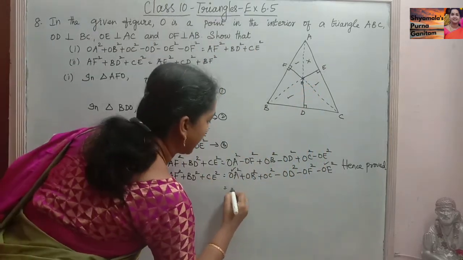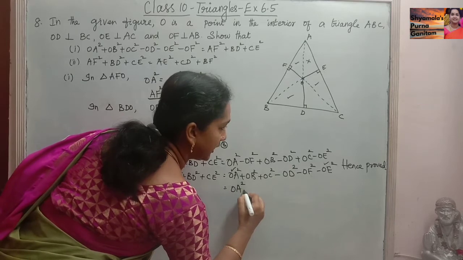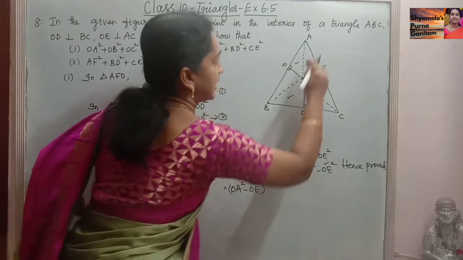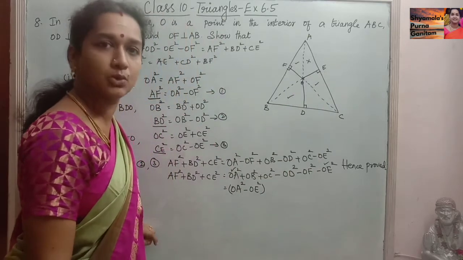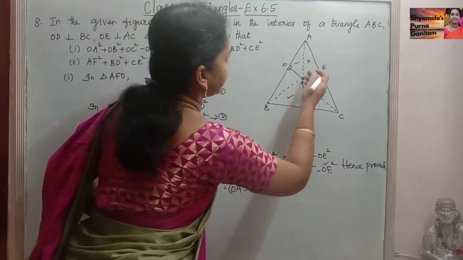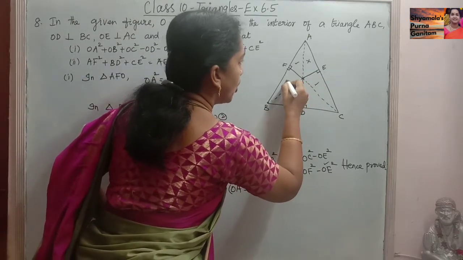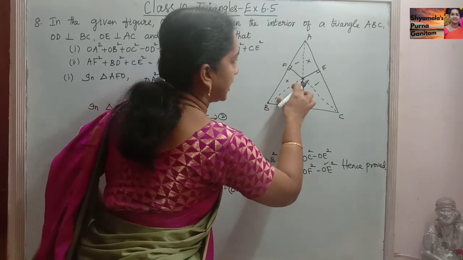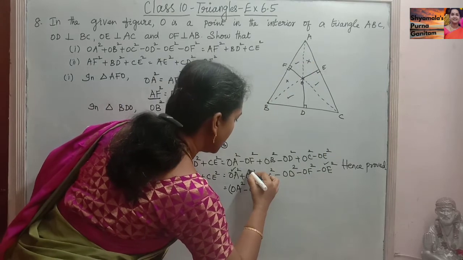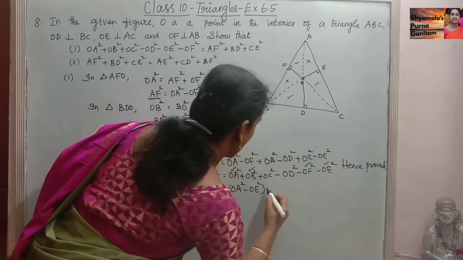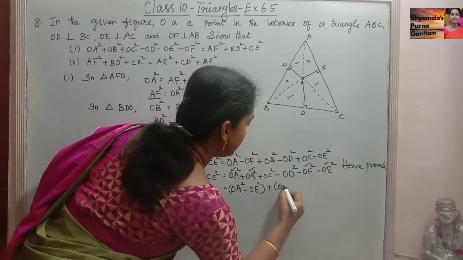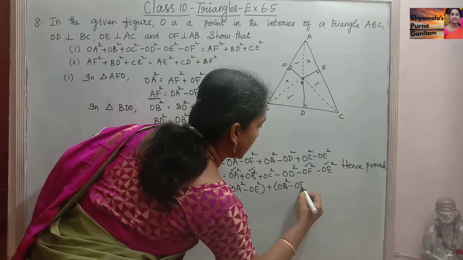Same way the other one: OB squared minus OF squared, we get BF squared.